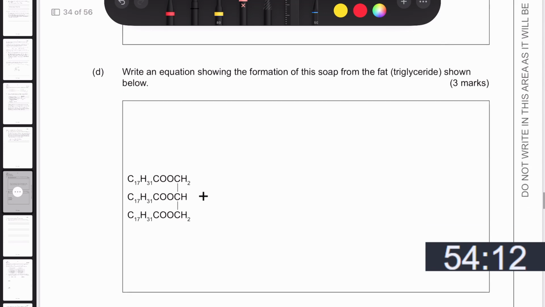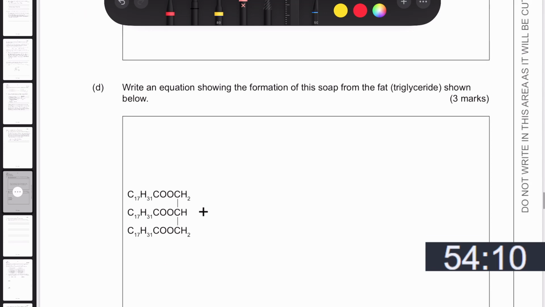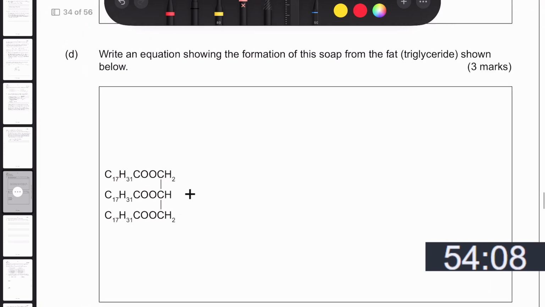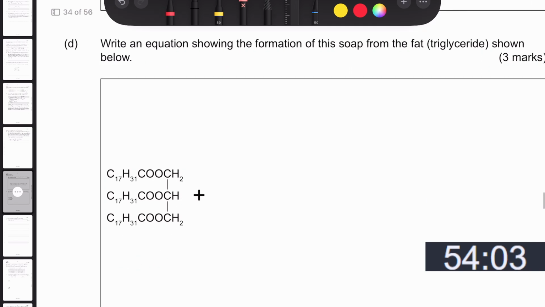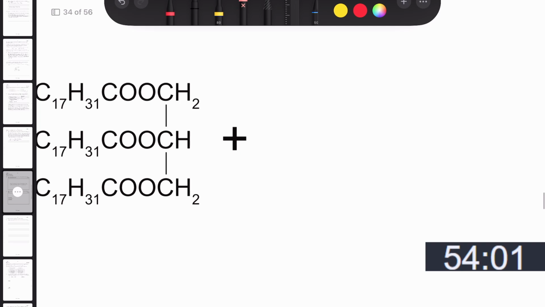Write an equation showing the formation of this soap from a fat triglyceride shown below. So then now I just need the 3 NaOH aqueous.